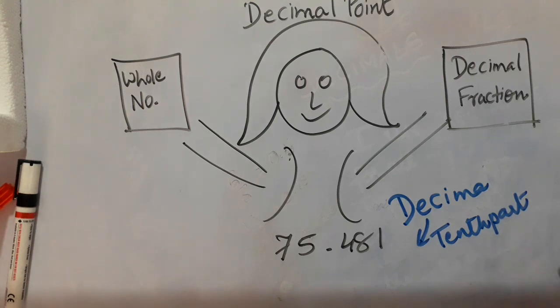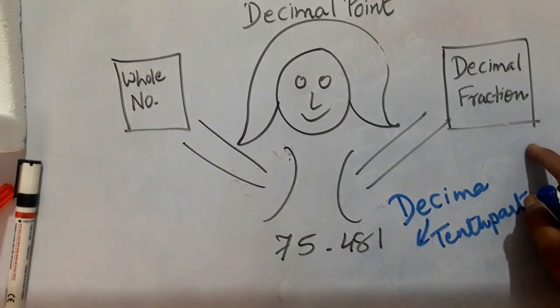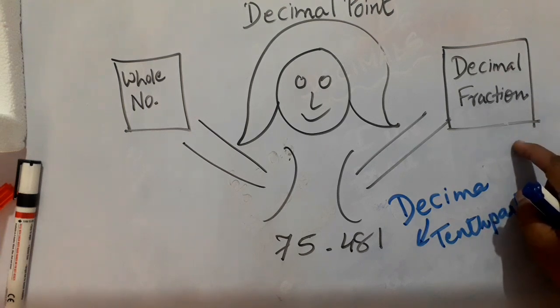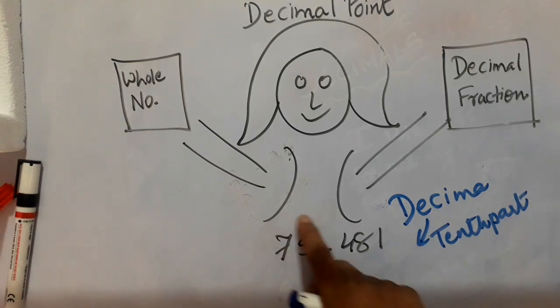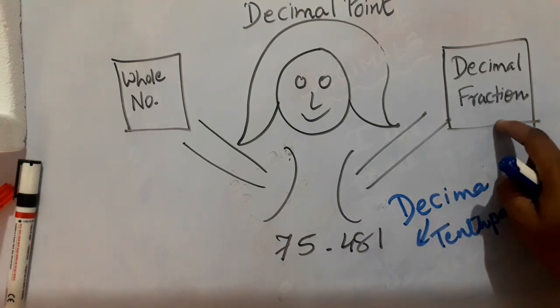Okay, that means a decimal number consists of two parts, a whole part and a decimal part, which is also known as a decimal fraction. Fine. The number before the decimal point is the whole part. The number after the decimal point is your decimal fraction.